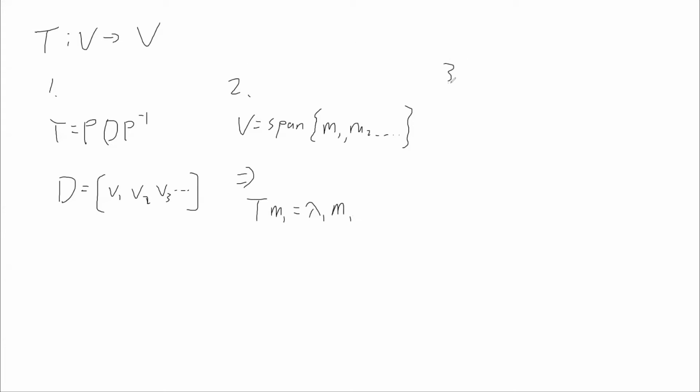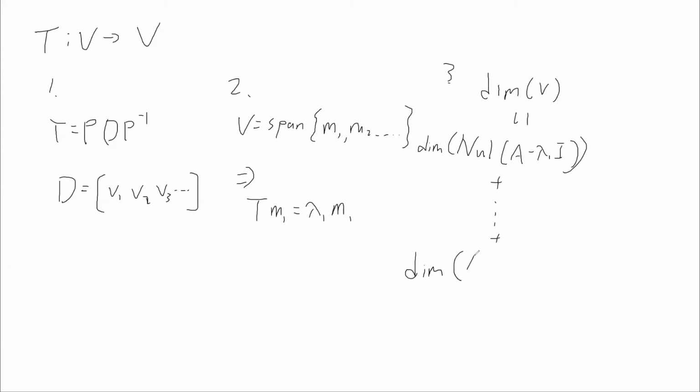All right, and the third one: the dimension of V is equal to the sum of the dimensions of the null space of each eigenvalue. Remember that the null space of A minus lambda 1 gives you all the vectors that make this 0, which in this case are eigenvectors. So we want to look at the dimension of all of them, up to the null space of A minus lambda m.